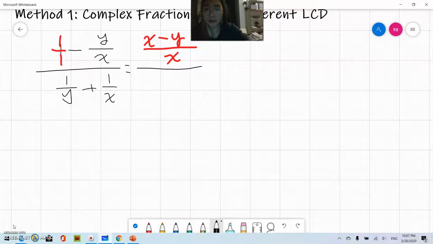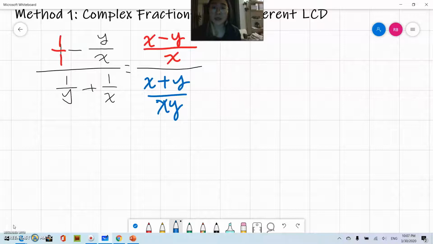And then the bottom has to have xy as a common denominator, right? Because the LCD is x and y. So for y, I need to multiply by x because it's missing x, and for x, I need to multiply by y. So now it's just a regular complex fraction, and you know how to deal with this.